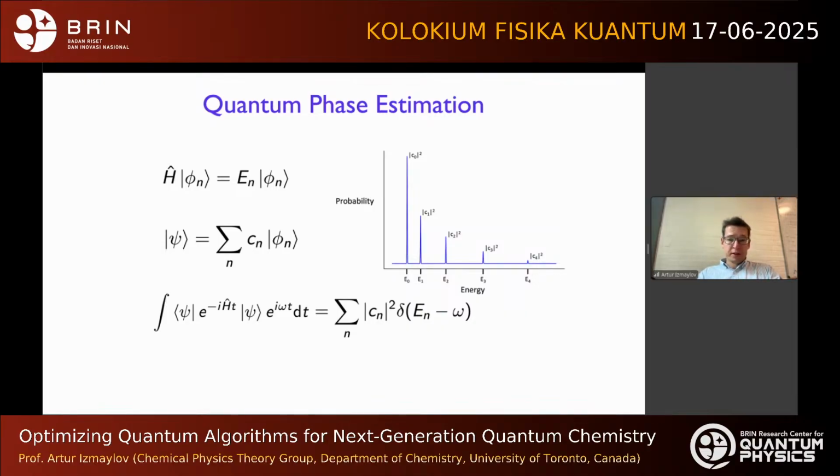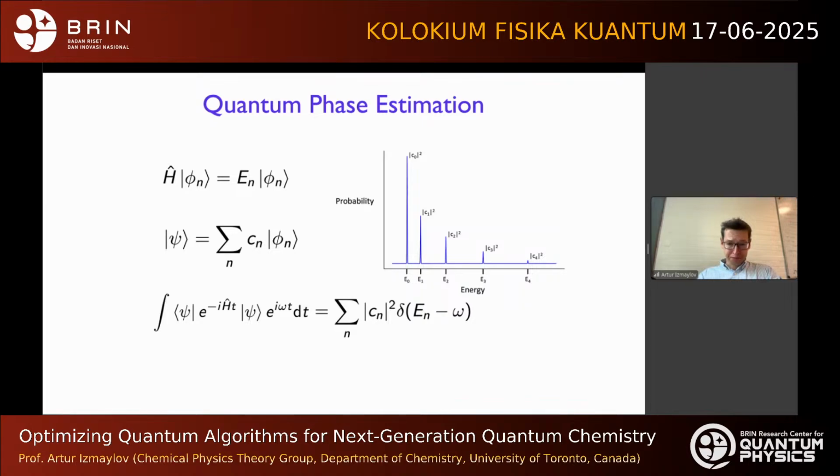Then we can construct what is called the autocorrelation function, and the function is the inner product of the time-evolved initial state with the initial state, right? So it's psi, exponent of minus iHt, psi.